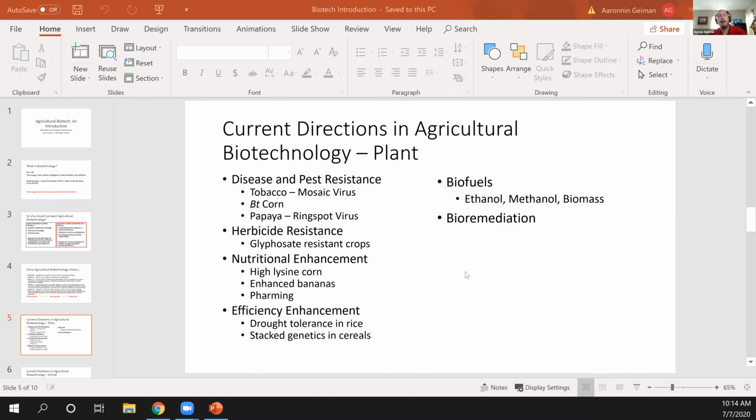We also might take plant matter and work with it biotechnologically to increase its nutritional value, such as high lysine corn used in swine production and poultry production. And we might also enhance bananas and certain crops that people in other parts of the world eat to provide for nutritional deficiencies that are inherent or endemic in their area due to soil issues or due to dietary restrictions.